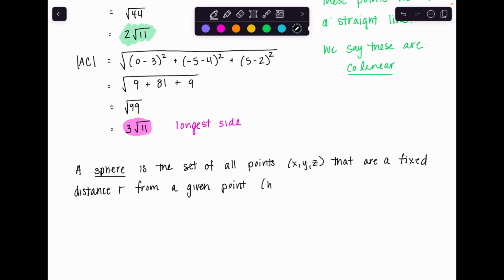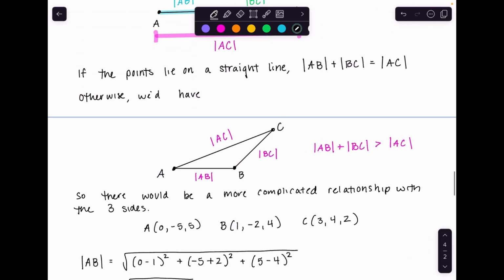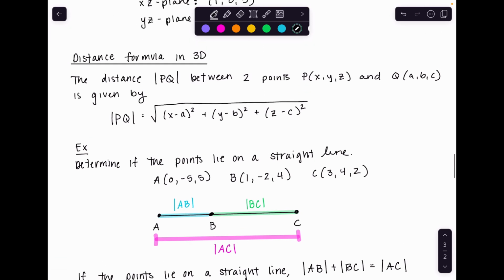So remember, normally we use h, k for the center, but when we add that third, h, k, l. And I like to use a cursive l so I don't mistake it for a 1. Okay, so this comes naturally just from that distance formula. The distance is a fixed value. So here in that case, it's what we call our radius. So our radius squared is just that fixed distance from that center point.